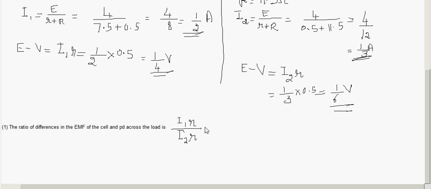So this is equal to 1 by 4 divided by 1 by 6, which is 6 by 4, or 3 by 2. And there is no unit because it is the ratio of two voltages.